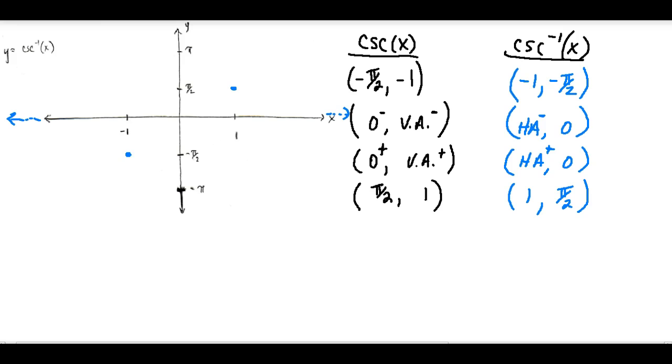And so we see from the point here on the left, negative 1, negative pi over 2, if we're going to be approaching the horizontal asymptote y equals 0, we will do this inward curve this way. And similarly, at the point 1, pi over 2, to get down to the line y equals 0 for the horizontal asymptote, we would have to turn and go this way. And so that is how the graph of the inverse cosecant function would look.